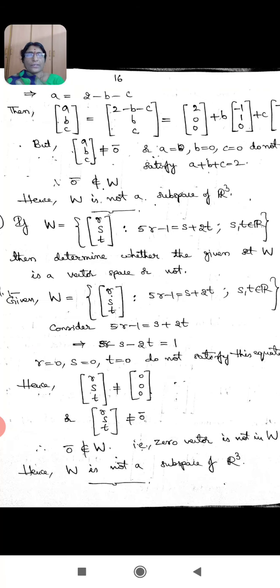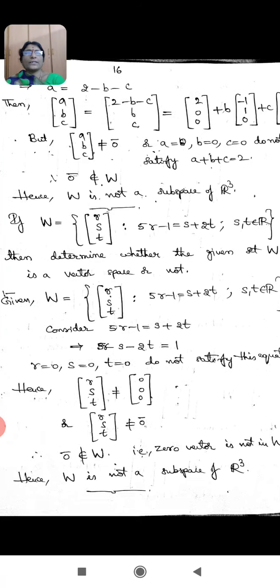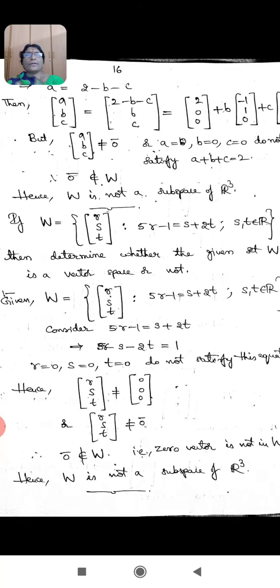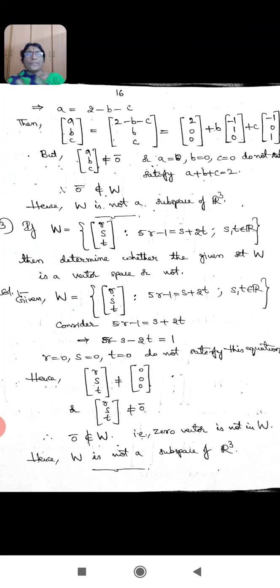Now that equation can be rewritten as A = 2 - B - C. Then the column vector (A, B, C) can be written as (2 - B - C, B, C), and that is further equal to (2, 0, 0) as one vector that we can write separately, plus B times another vector, (-1, 1, 0), as the coefficients of B are -1, 1 and 0.